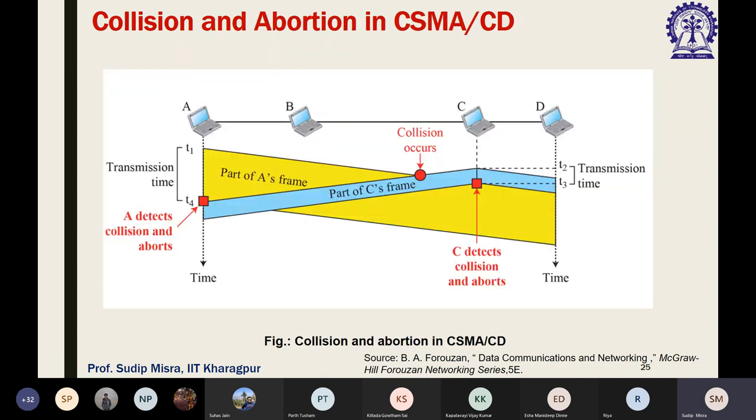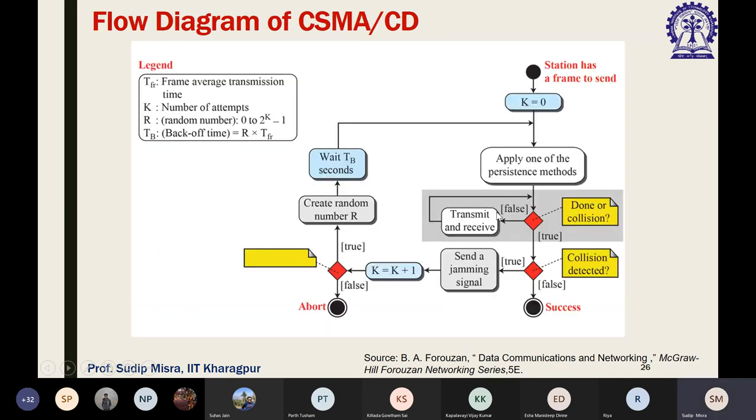So this is basically the scenario of all the bits of the frames being sent. These are the points where the collisions are going to be detected by A and by C in this manner. So for CSMA/CD, the algorithm is that you start with k equal to 0, where k represents the number of attempts.